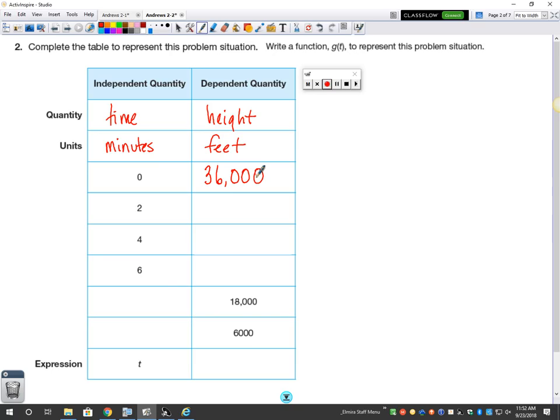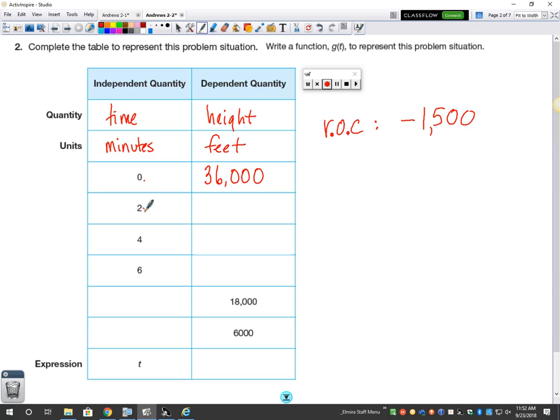So our rate of change is negative 1,500. Negative because the plane is descending. It is going down by 1,500 feet. Okay, so if we're at 36,000 feet, and it looks like 0 to 2, 2 minutes have gone by.